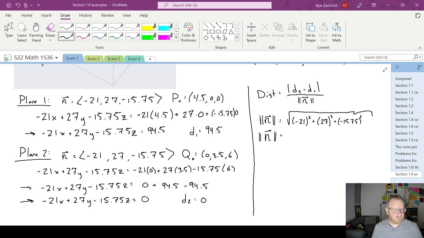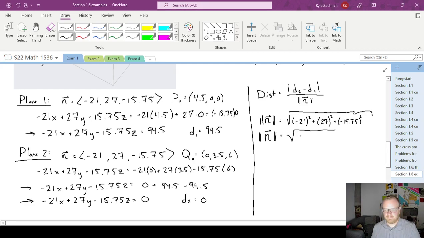So 21 squared is 441. 27 squared, 729. And then 15.75 squared is 248.0625.